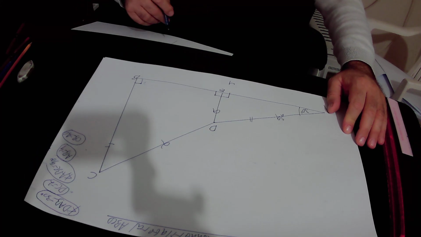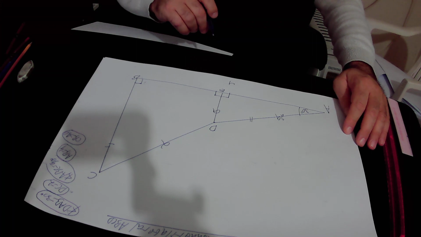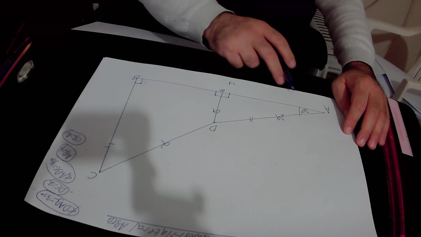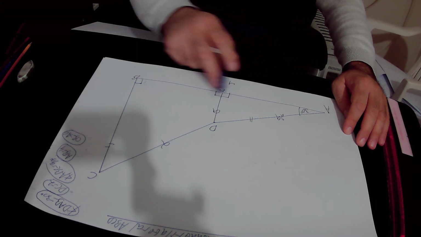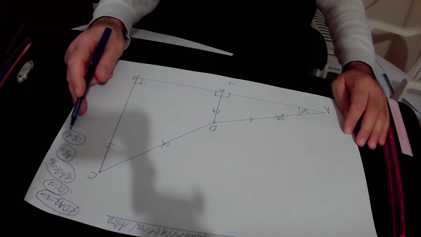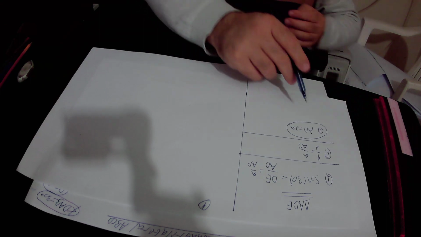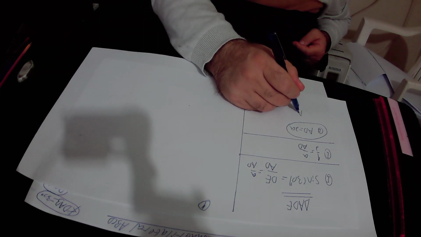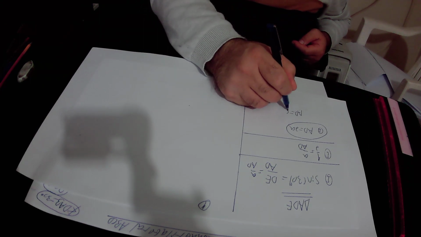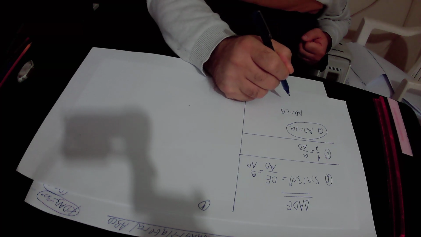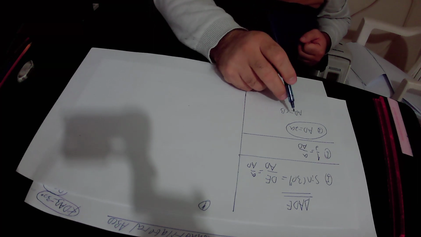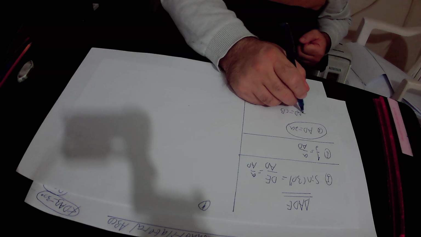But according to what is given in the question, we know that AD equals CB. And we already found out that AD equals 2A.